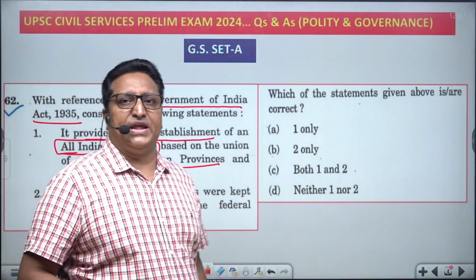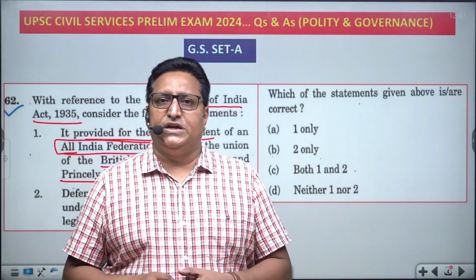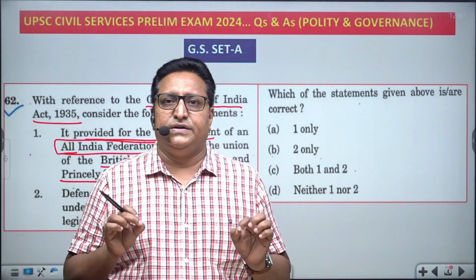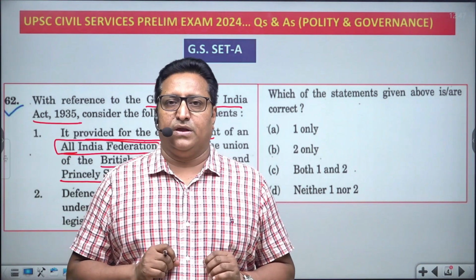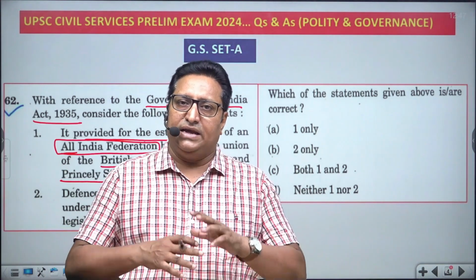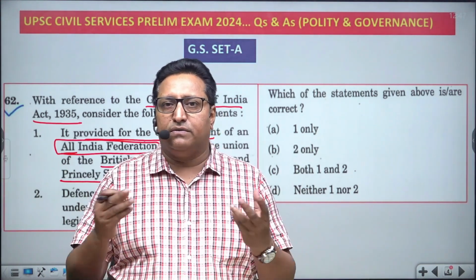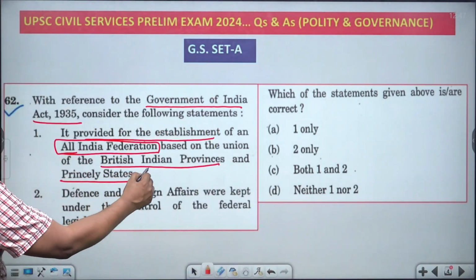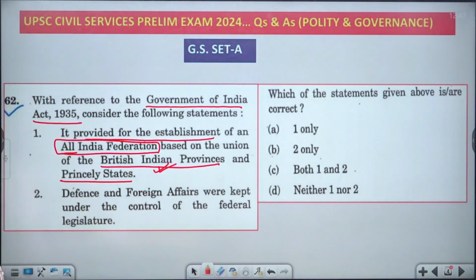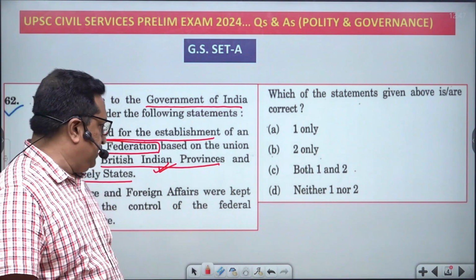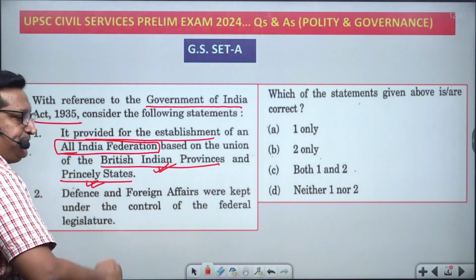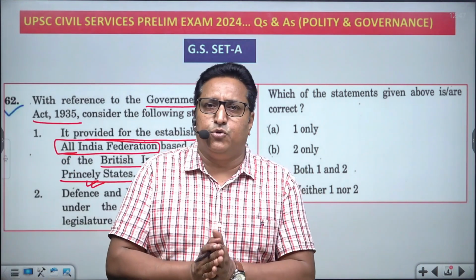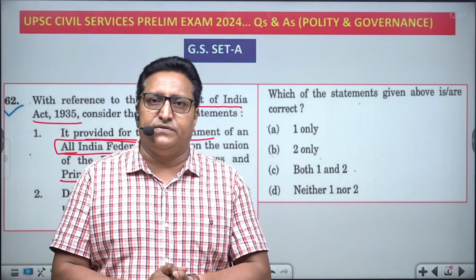Now, at that time, there used to be three types of territories in India. One, directly governed by the British, referred to as British Indian provinces. Another category, princely states, more than 550 of them.